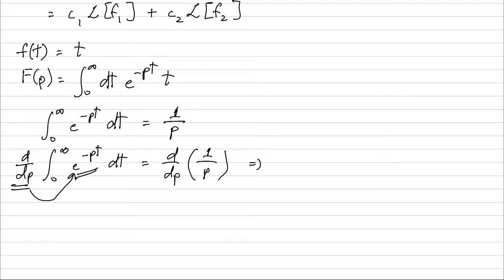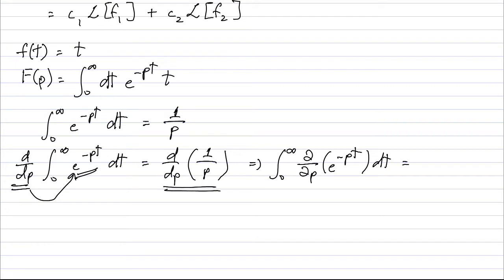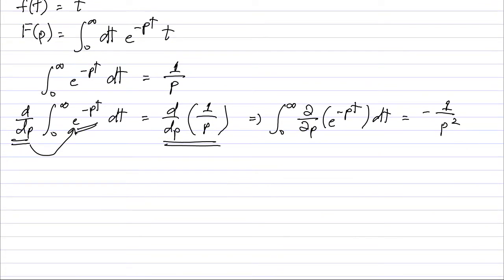So the left hand side is the derivative of e raised to minus pt dt, and on the right hand side the derivative is minus 1 over p square, of course. When you take the derivative with respect to p, minus t comes down, and you can push the minus sign outside the integral, so the left hand side becomes minus the integral of t e raised to power minus pt dt, which is equal to minus 1 over p square.